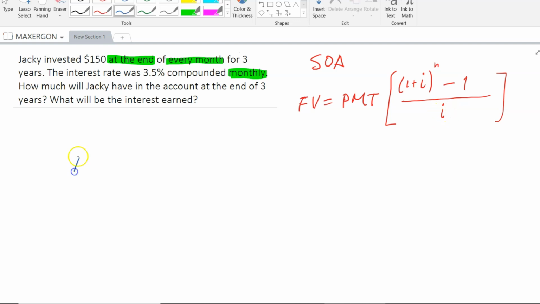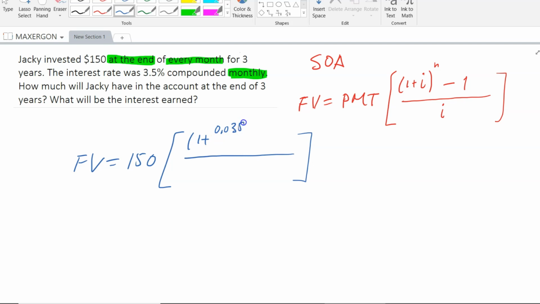Let's use this formula. Future value equals payment, which is $150, times this fraction, 1 plus periodic rate, which is 0.035 over 12, because nominal rate here is 3.5 and it compounds 12 times per year.